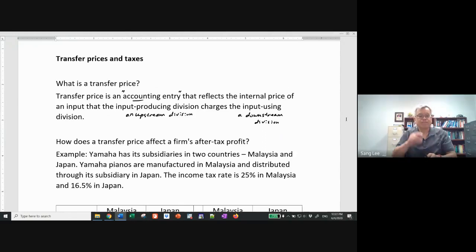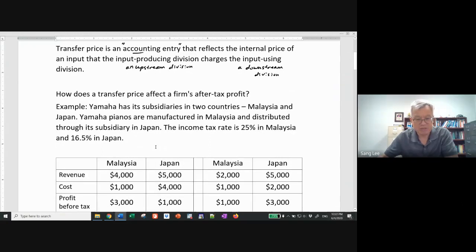So, example: Yamaha has its subsidiaries in two countries. Yamaha is a famous piano manufacturer, and it has two divisions in two countries, one in Malaysia and the other in Japan. Yamaha pianos are manufactured in Malaysia and distributed through its subsidiary in Japan.